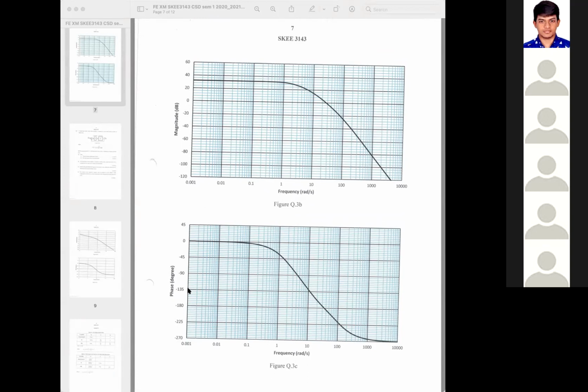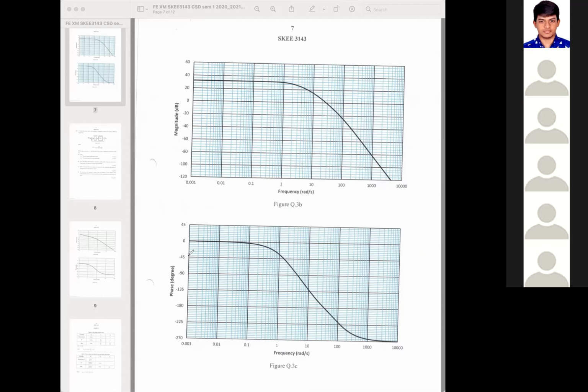This is 90. So one segment here is how much? 10, right? 45 divided by 10, 4.5. One segment is 4.5.